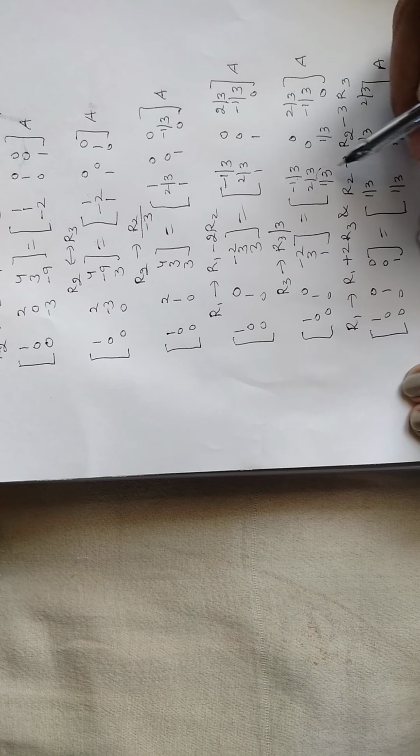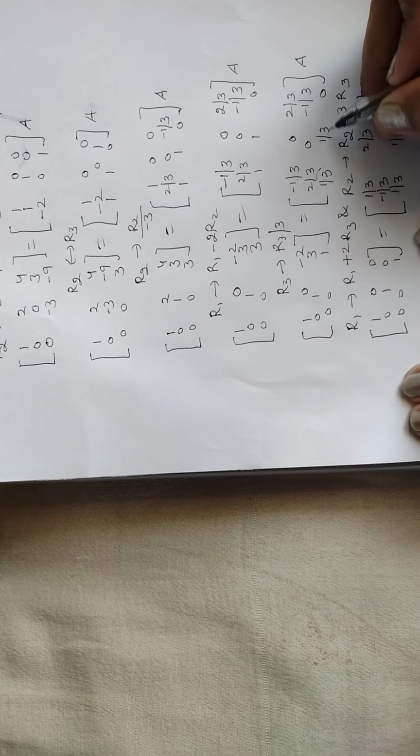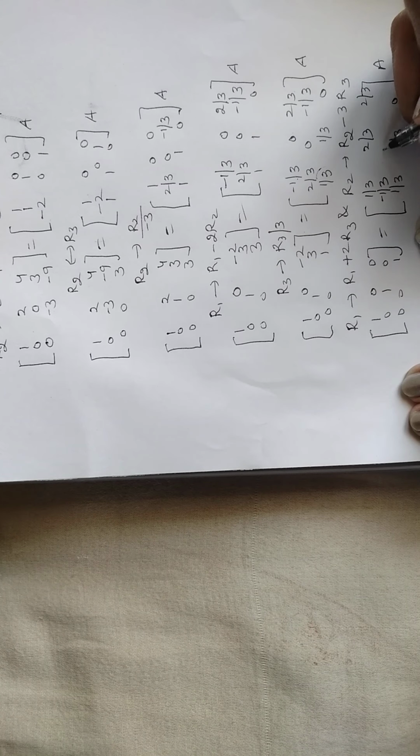Now is the turn of R2. R2 is R2 minus 3 times this. So 2 by 3 minus 1, you will get minus 1 by 3. This minus 3 times this, you will get minus 1. And this minus this, there will be no change.